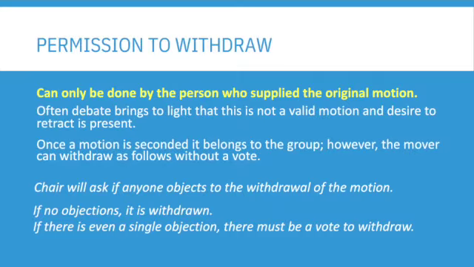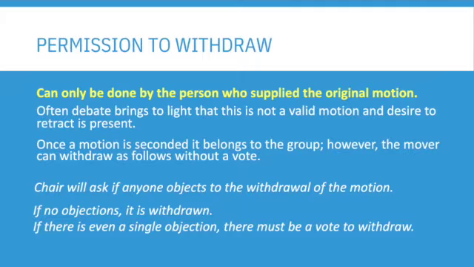Now, for motions, the permission to withdraw can only be given by the person who supplied the original motion. Sometimes during debate, certain things are brought to light that this motion may not be valid, and they can desire to retract what is presented.